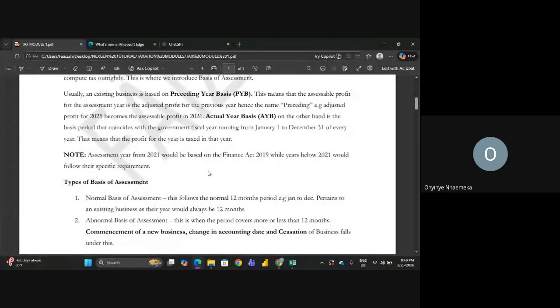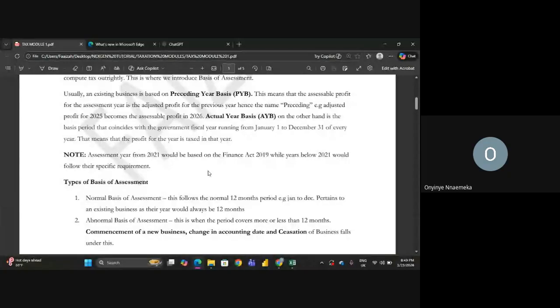So I already talked about the preceding year basis and the actual year basis. Now the note here is to bring our attention to the fact that we have to be careful of the year of assessment when we are computing taxes, right? Because remember, we have Finance Acts, we have 2019, I think we have 2022 and 2023.